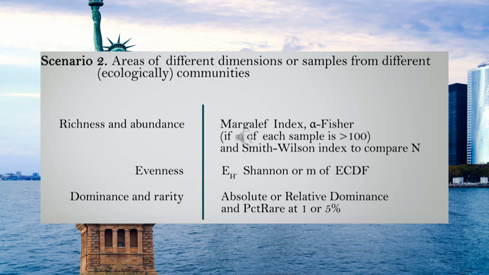If we want to understand the difference in evenness, we can use the evenness of Shannon or the M of ECDF. If you want to understand the difference between dominance and rarity, you can use the absolute or relative dominance and the percentage rare at 1 or 5%.